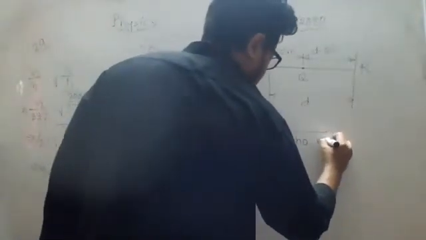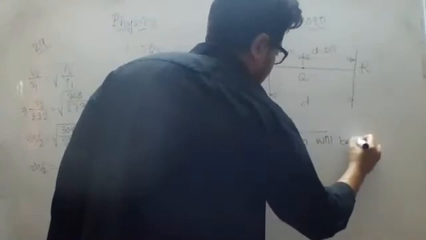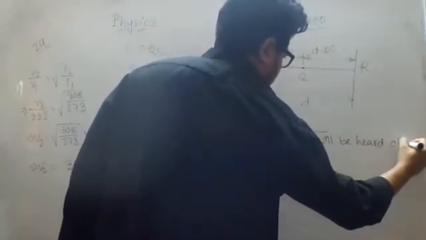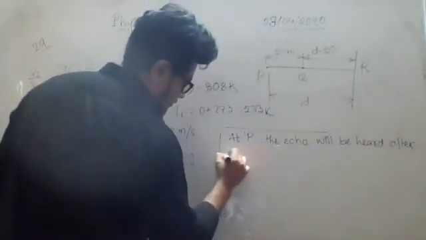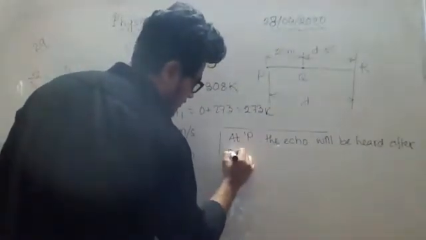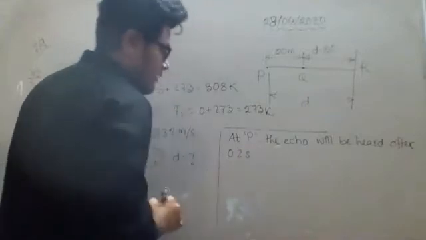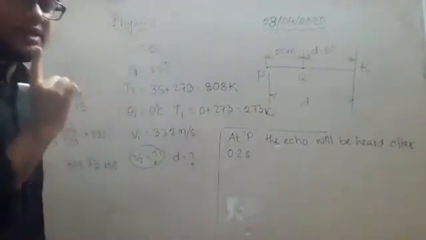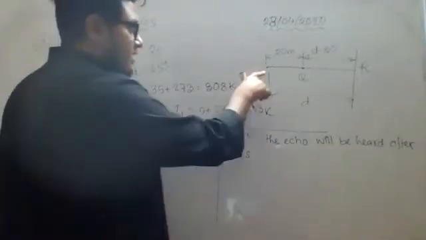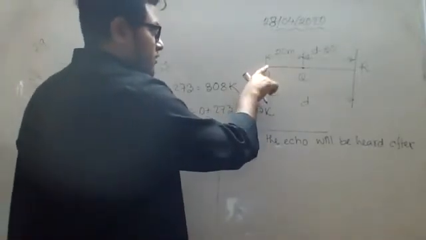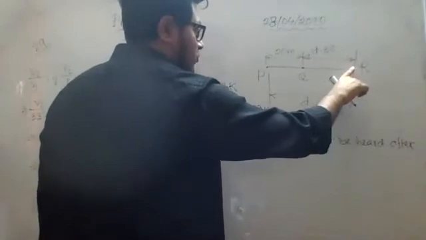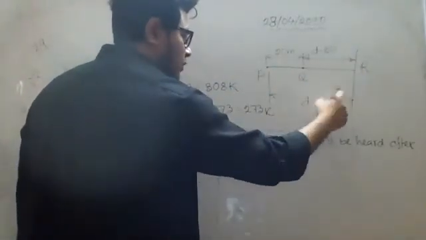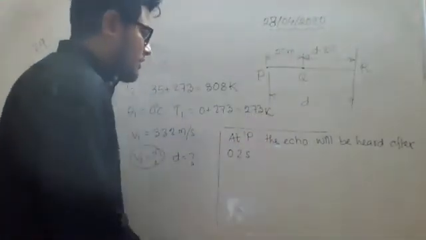At P, the echo will be heard after 0.2 second. So to hear the echo, what is the distance that the sound has to cover? At P, I'm hearing the echo, so the sound will travel from P to R, and then come back from R to P. That means it will travel D distance once, and then again D distance.